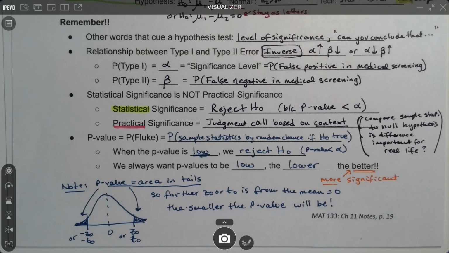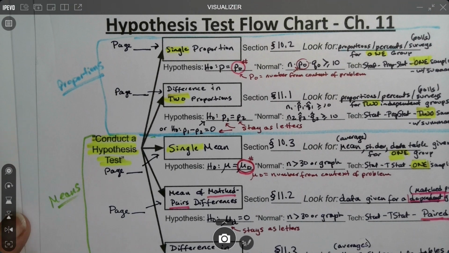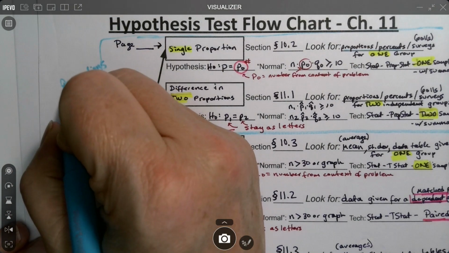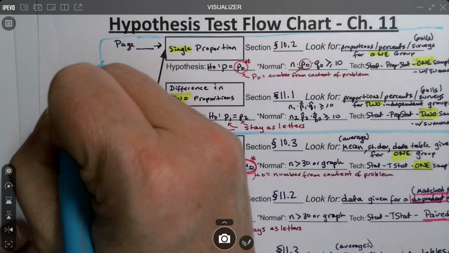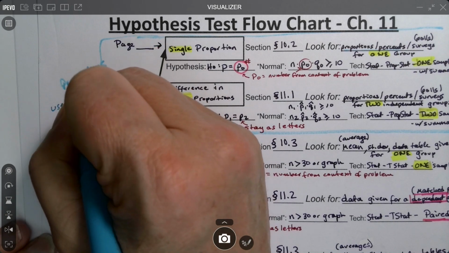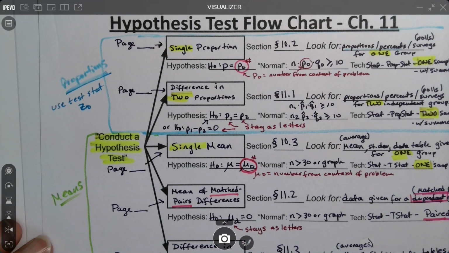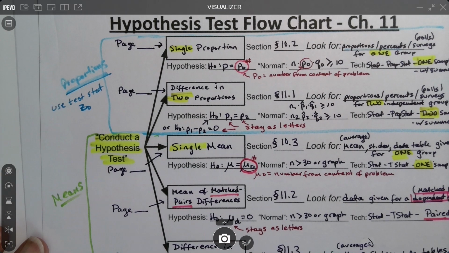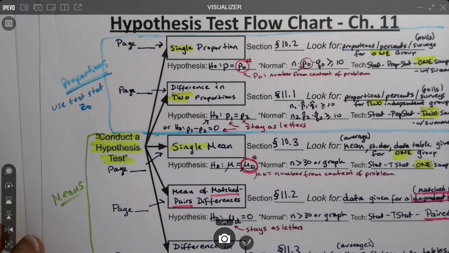So when you think back up to the segmenting that I did up here, proportions, they use a test stat of z0, right? Could be positive, could be negative, right? But in general, z0. There is a chance for a plus or minus if you're using a two-tailed test, right?